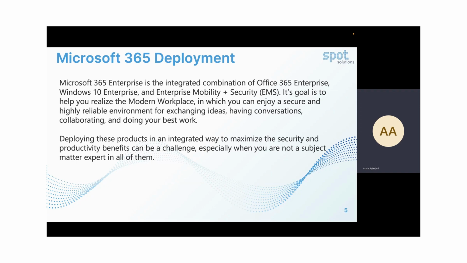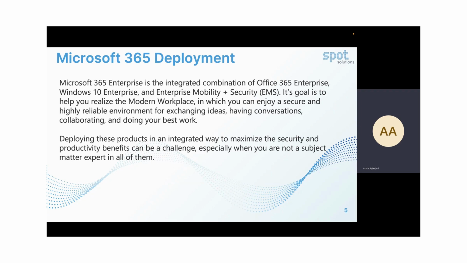Its goal is to help you realize the modern workplace, in which you can enjoy a secure and highly reliable environment for exchanging ideas, having conversations, collaboration, and doing your best work. Deploying these products in an integrated way to maximize the security and productivity benefits can be a challenge, especially when you are not a subject matter expert in all of them.